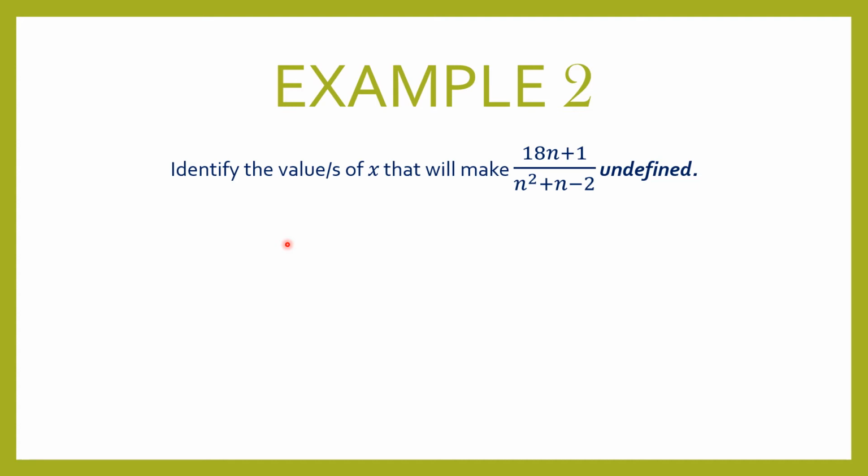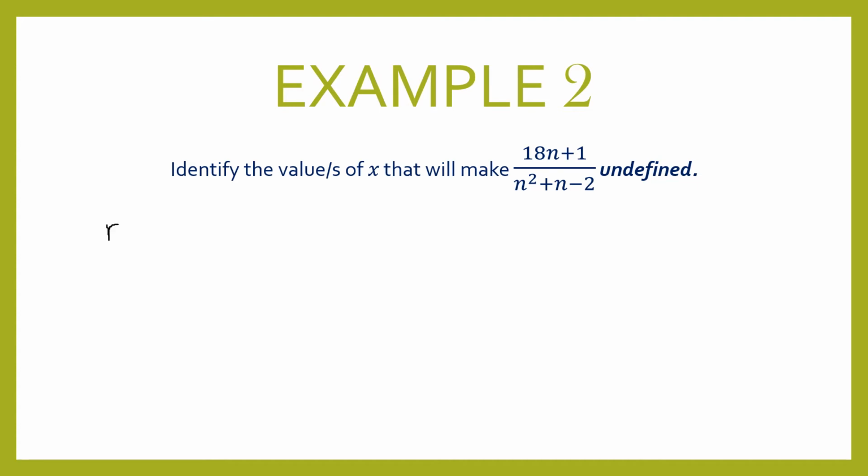Kasi, pag sinabi nating undefined, tumutukoy yon kapag 0 ang denominator, saka lang magiging undefined yung expression. So, lagi ang titignan natin is denominator. So, kagaya nung ginawa natin kanina, we will equate the denominator to 0.